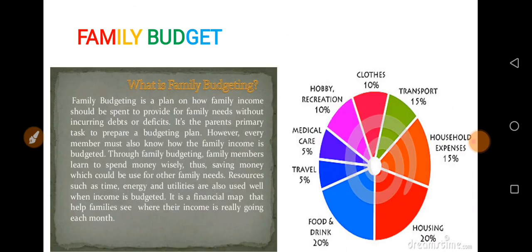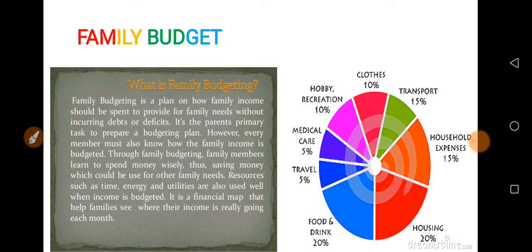Now, from the one on the screen, it says family budgeting is a plan on how family income should be spent to provide for family needs without incurring debt or deficit. It's the parents' primary task to prepare a budgeting plan. However, every member must also know how the family income is budgeted.